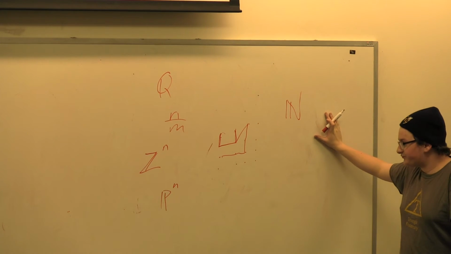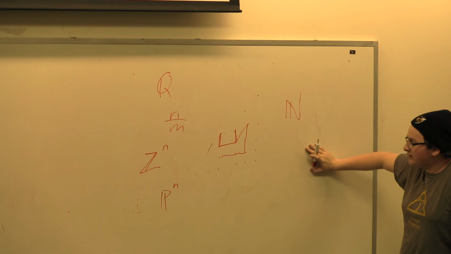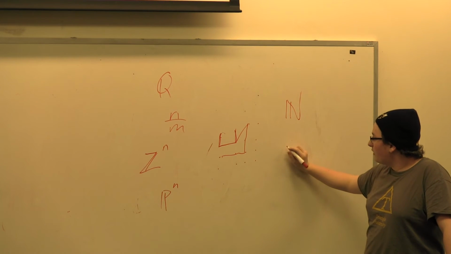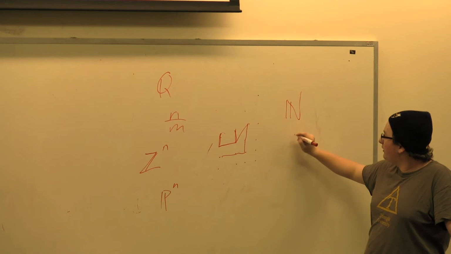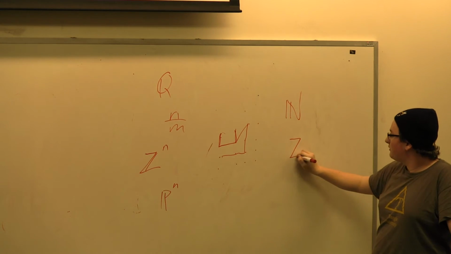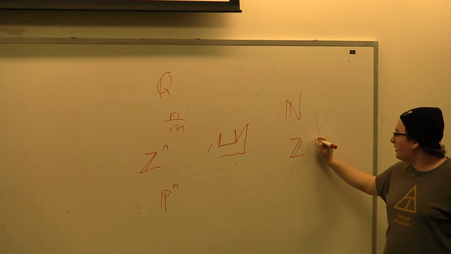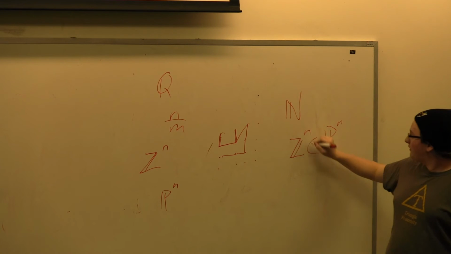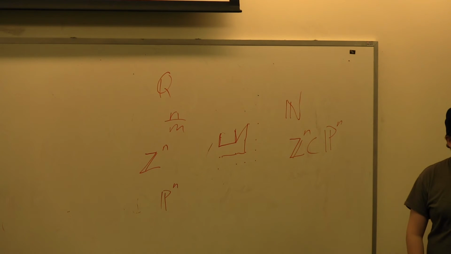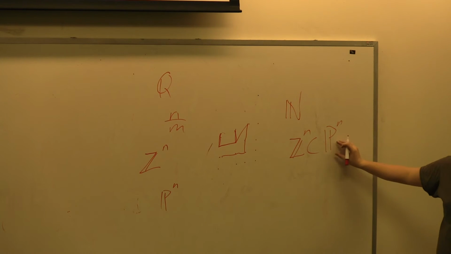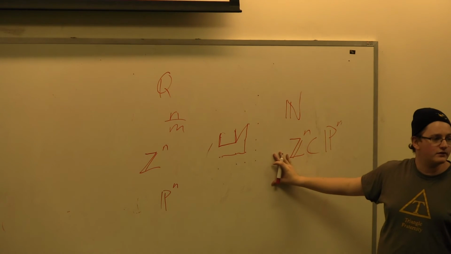So what that means is that Z^n is a proper subset of P^n. By proper subset, I mean Z^n is contained in P^n, but there are elements in P^n that are not in Z^n.